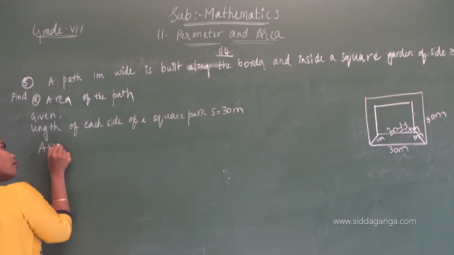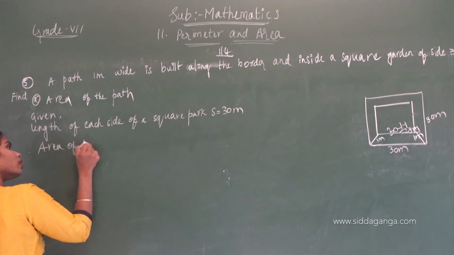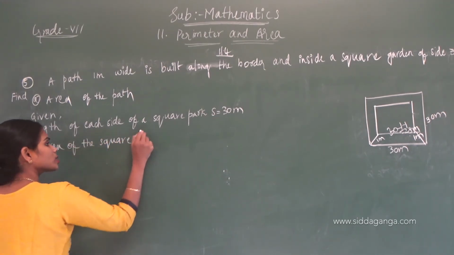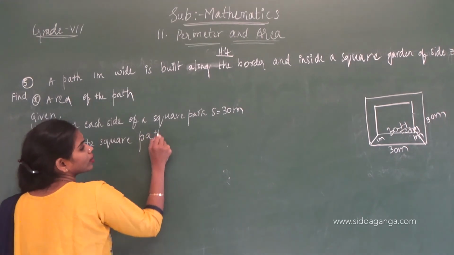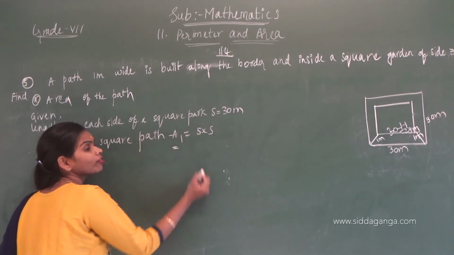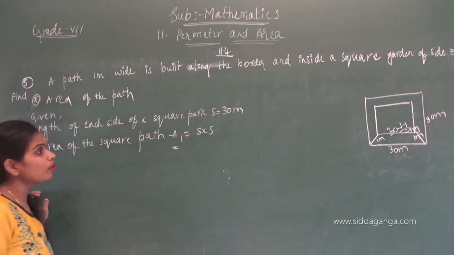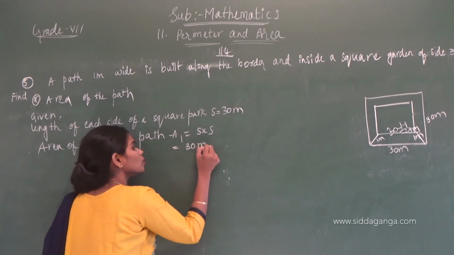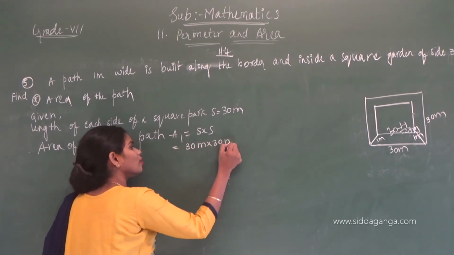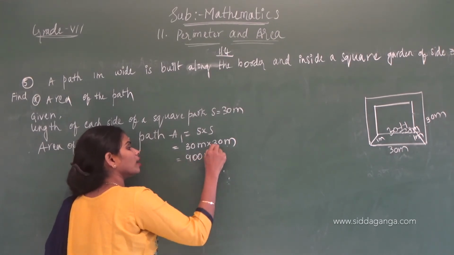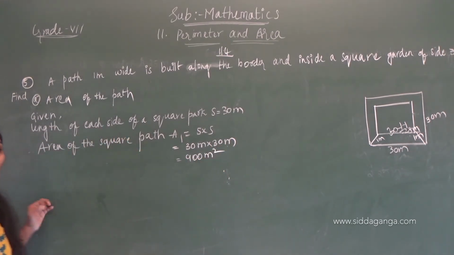First we are finding the area of the square park. A1 equals, what is the formula to find the area of the square? Side into side. What is the side? 30 meters into 30 meters. 30 30s are 900 meter square.